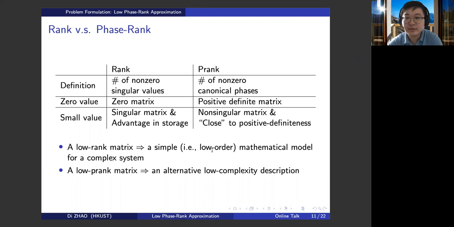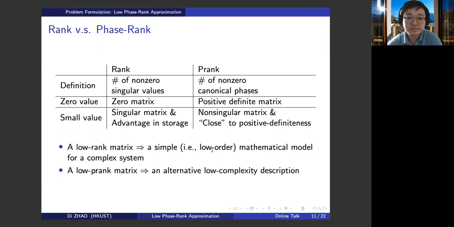In the area of systems and control, the most frequently used low rank approximation is for so-called model reduction. We use a simple mathematical model for a complex system. This is what we usually mean if we hope to do low rank approximation in systems and control.